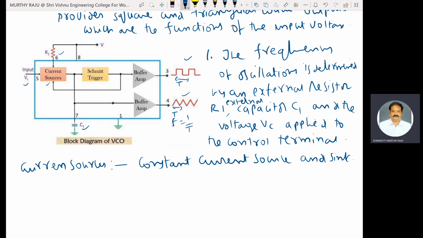First one, current source. This is the capacitor.